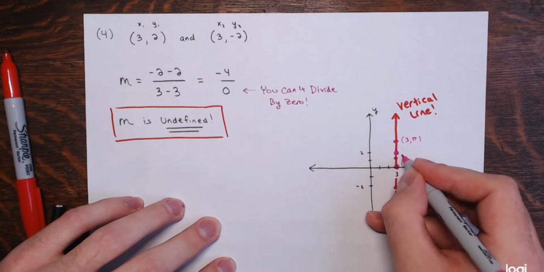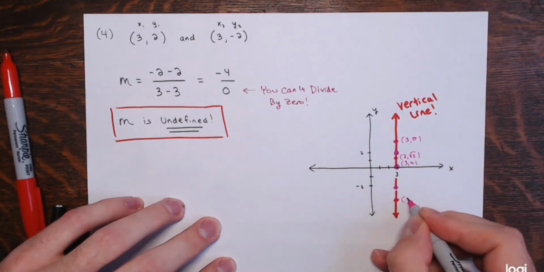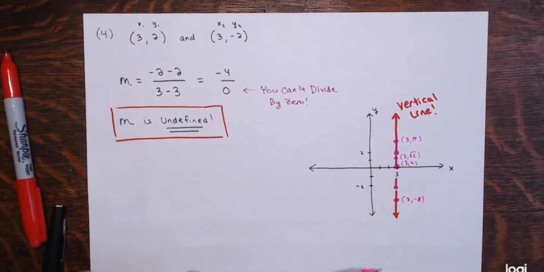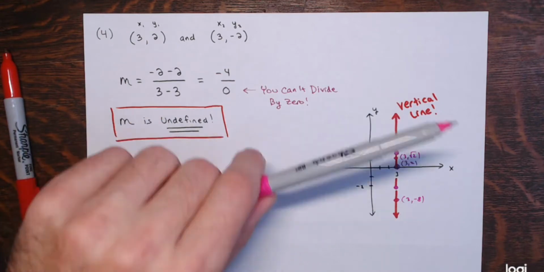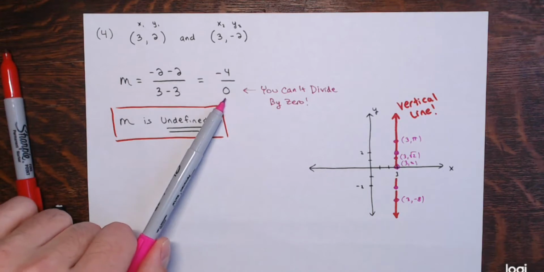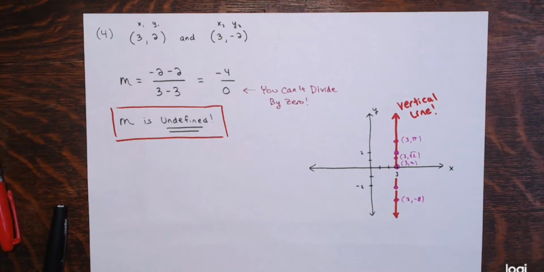Here is 3 comma square root of 2, that's on the line. Here's 3 comma -8, that's on the line, whatever. Right? But every single point has an x coordinate of 3 and then some y coordinate, right? Because you don't move right or left at all. There's no horizontal change, and the vertical change can be anything you want, right? But you're dividing by 0, slope's undefined, x coordinate's always the same, a vertical line, right?